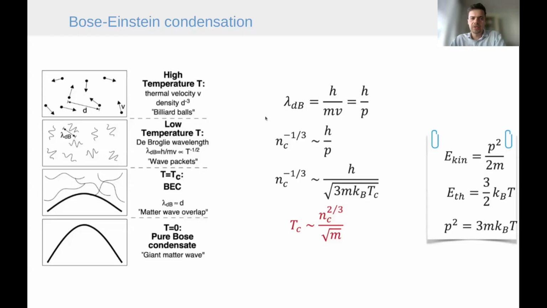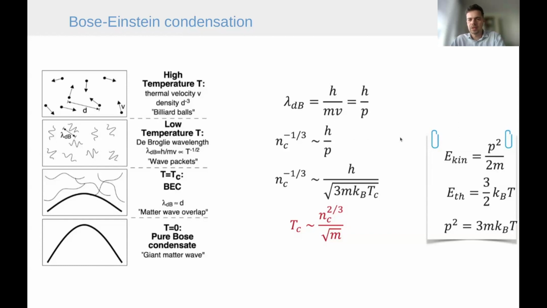So if we look at the numbers and try to evaluate this critical temperature, we can make a simple calculation. We know that the de Broglie wavelength is just h over the momentum of the particle. So if we want to have the condition that the distance between the particles is comparable to the de Broglie wavelength, we will need to write this equation.